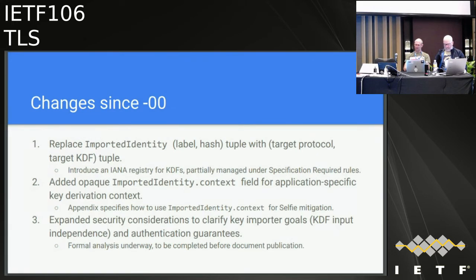And there's guidance on how to do that in an appendix. We also added some security considerations to the document where, previously, they were just TBD. It's still mostly TBD, although we have started the analysis to give us confidence that the imported PSKs do have the desired properties that we want. Ideally, we complete this before publication of the document.